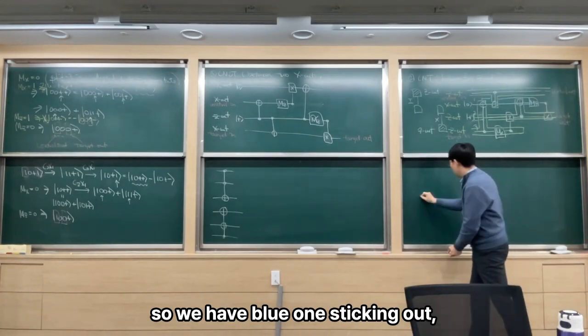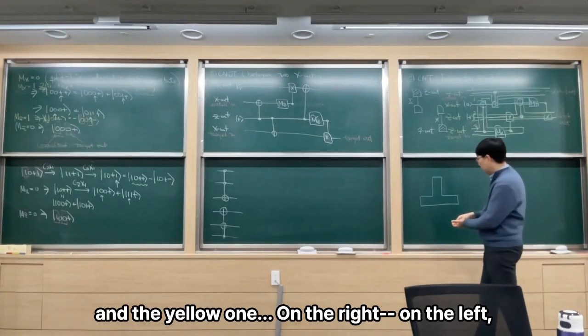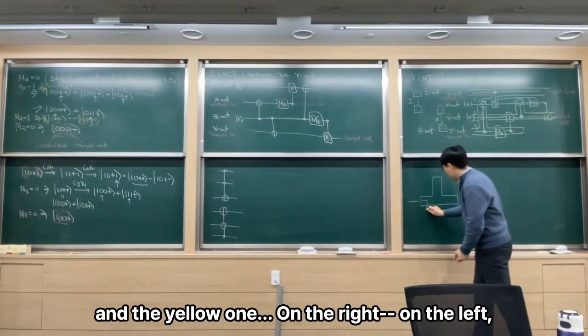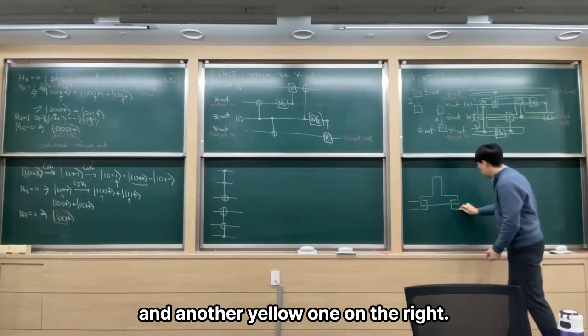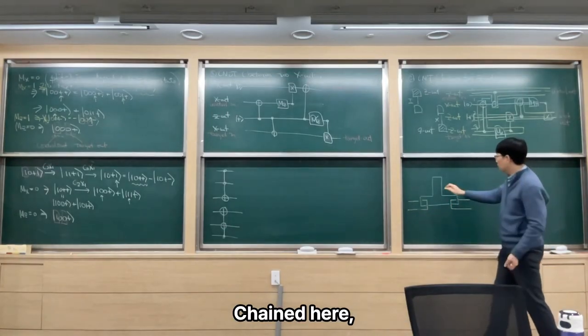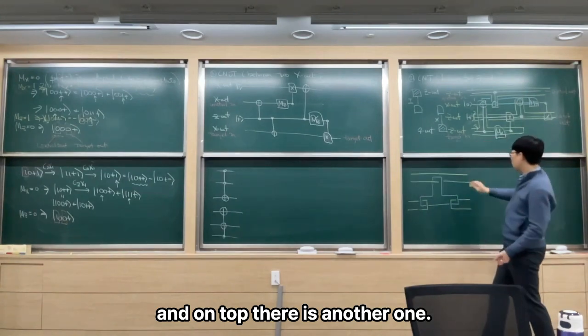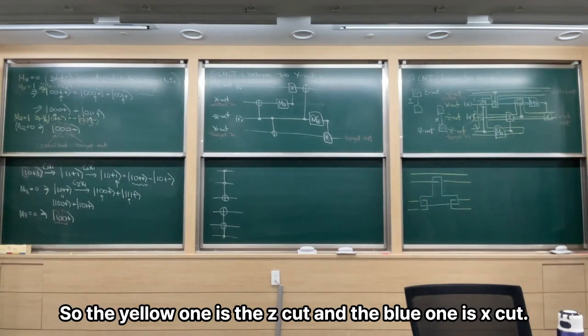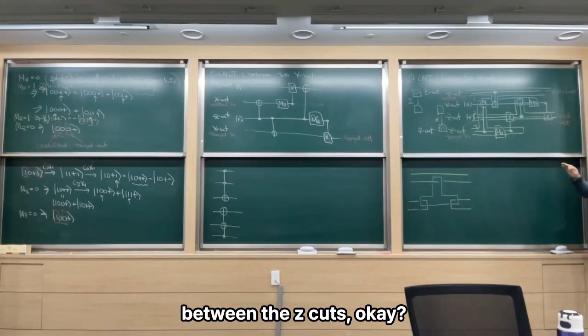We have the blue one sticking out, which is a loop, and a yellow one on the left, another yellow one on the right, chained here, and on top there is another one. The yellow one is the Z cut and the blue one is the X cut. And this means it's a CNOT gate between the Z cuts.